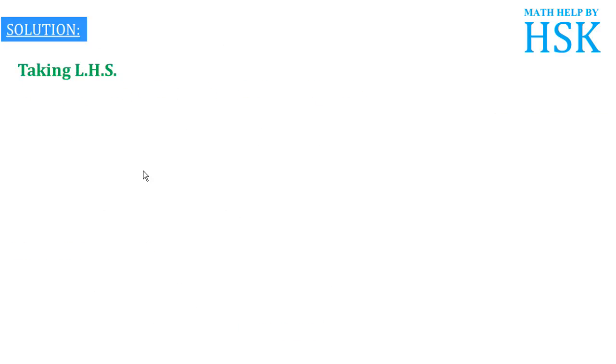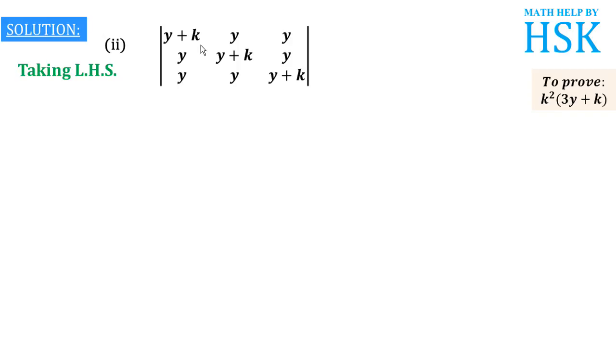In the second part, I have been given in the left hand side y plus k, y, y and so on. Okay. So applying C1 is changed to C1 plus C2 plus C3. Again, I see here that if I add all the elements of row 1, row 2 and row 3, I get the total as 3y plus k.